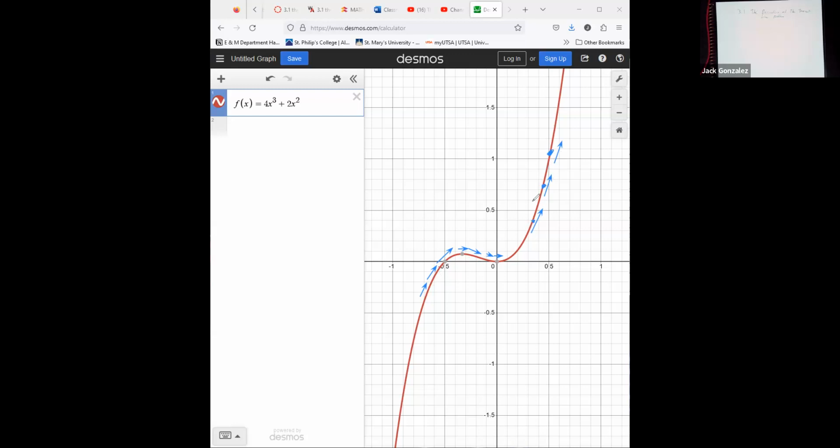So obviously, if we plug in any number after the 0, the slopes would be positive, because it's going up. Any number between here and here would be negative in the derivative. So the outputs of the derivative would be negative because all the derivative does is give you slopes of the tangent line. All these lines are tangent to those points. Okay, does that make sense?